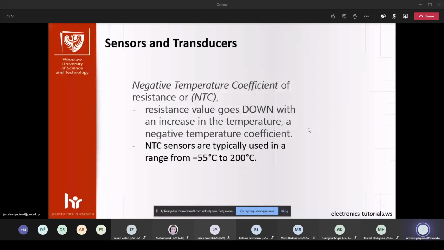But typically we do not use the positive temperature coefficient. We generally use ceramic, because we can produce the negative temperature coefficient, so it reduces the resistance as the temperature rises.